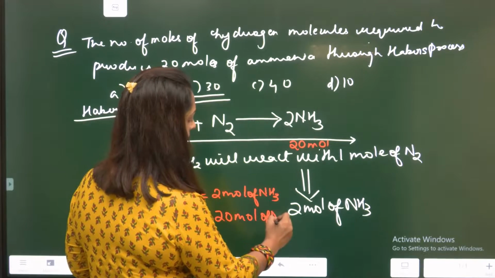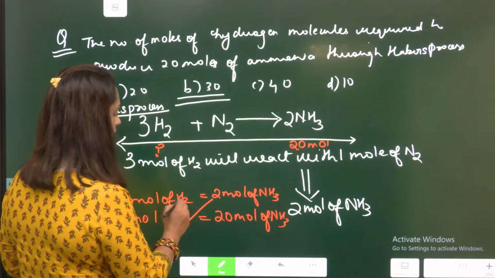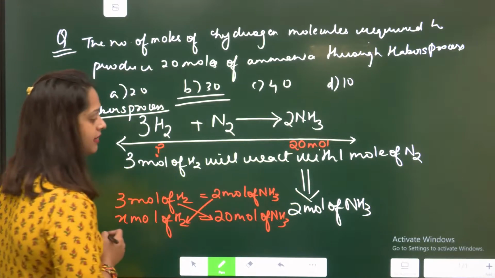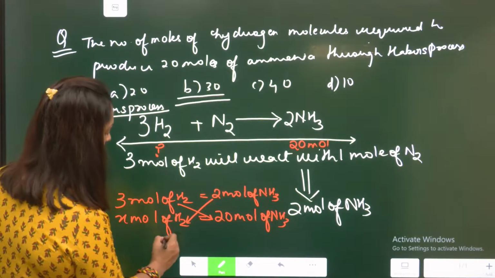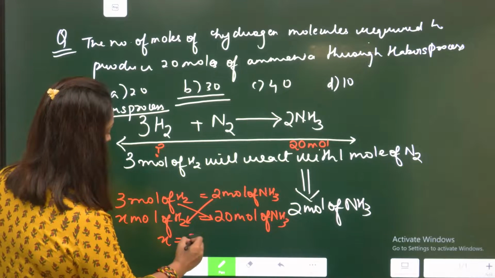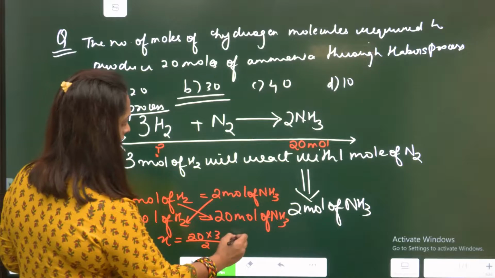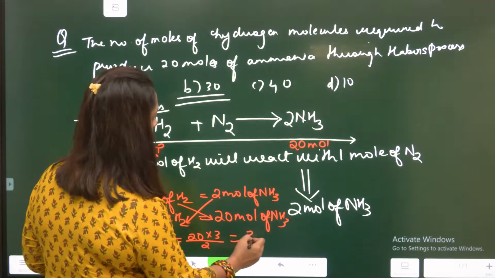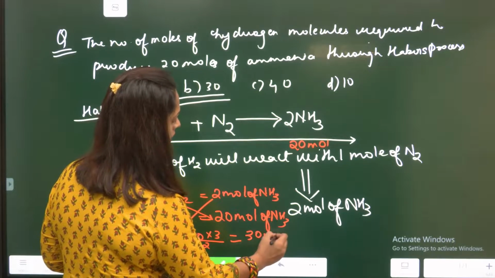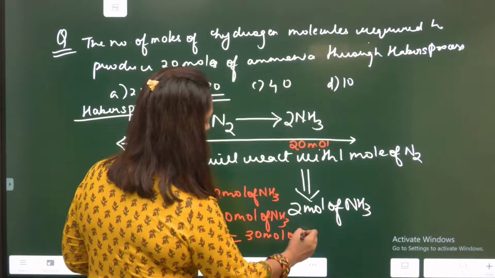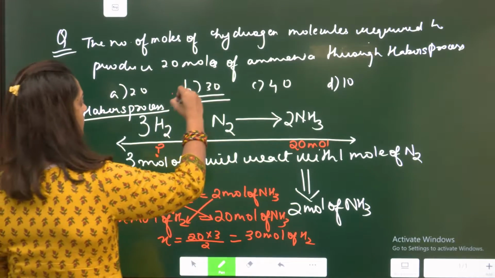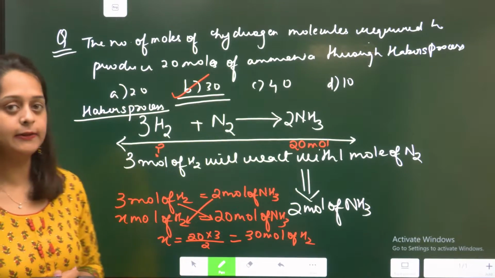That is what I meant. So when I do the cross multiplication, the elementary method, what will I get? X equals 20 into 3 upon 2, which comes out to be 30 moles of hydrogen. That is what the answer is. Clear?